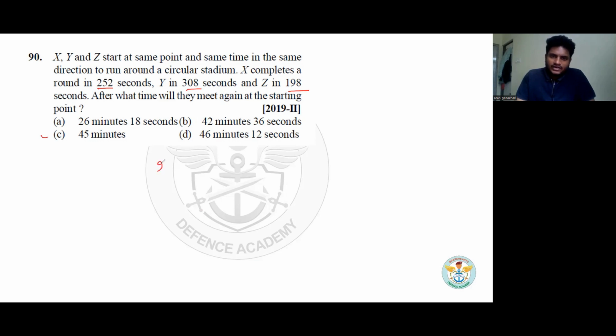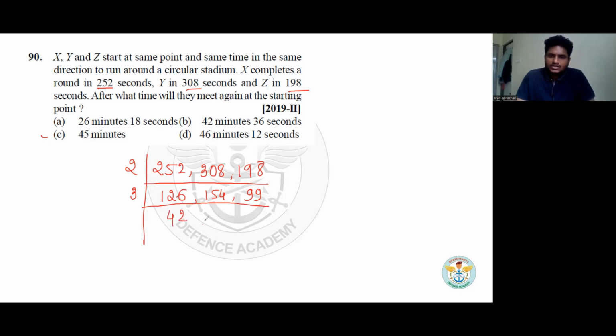Now I have to find the LCM of 252, 308, 198. Solve this. First I can divide by 2. 2 12s are... 1 is the remainder, 6. 154. And this is 99. Yes or no? Now we'll divide by 3. 3 4s are 12.